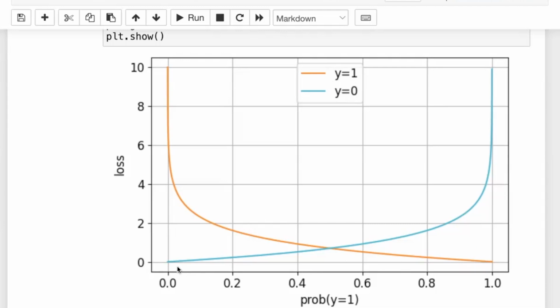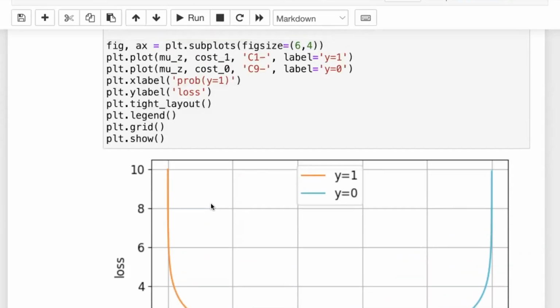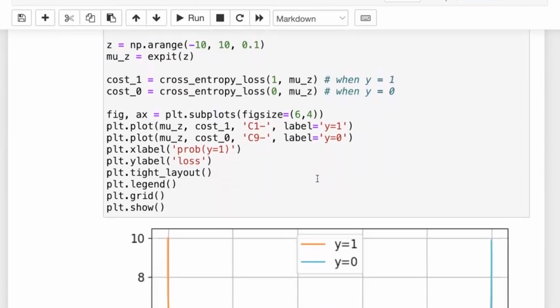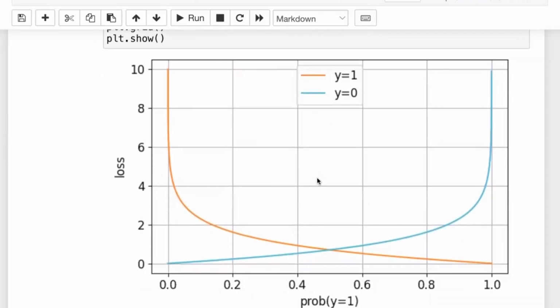And as you get closer and closer to this probability being 0, then obviously we are making worse predictions and the cost should increase substantially. And this is consistent with what we have here. So you can look at the behavior of these functions as this mu gets close to 1 or 0. But overall, in this course, we can always plot these functions, and it's much easier to interpret them.